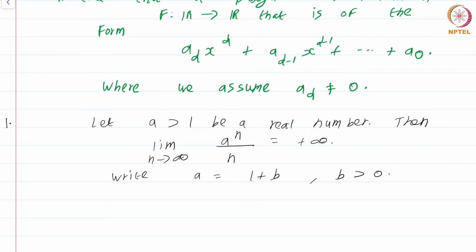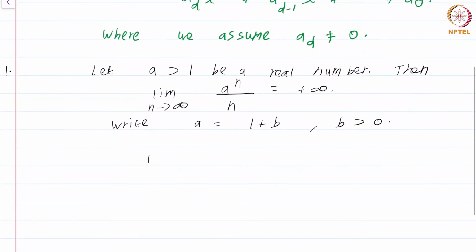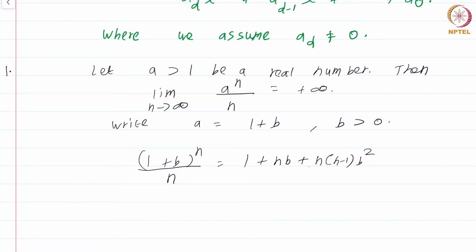Consider (1 + b)^n / n. This you can see is actually (1 + nb + some other terms) / n. Now I need to write one other term because there is an n in the denominator. So I need to go further along in the binomial expansion than what was needed the last time, when we just considered the sequence a^n with no n in the denominator.